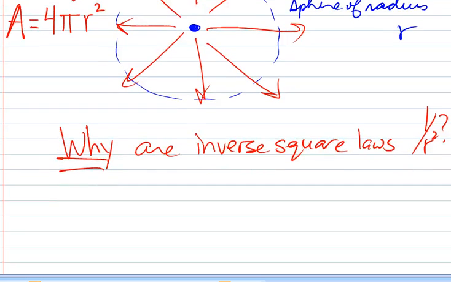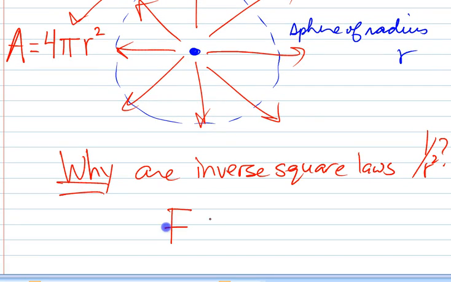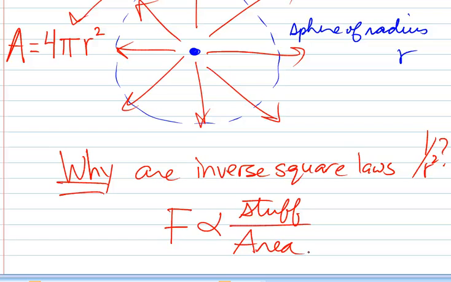We live in a three-dimensional universe, and when we think about forces like gravity and like the electric force that seem to spread out through space, if we put a surface around and look at it, basically what we're saying is that the force is proportional to some stuff divided by the amount of space that force has to expand into.